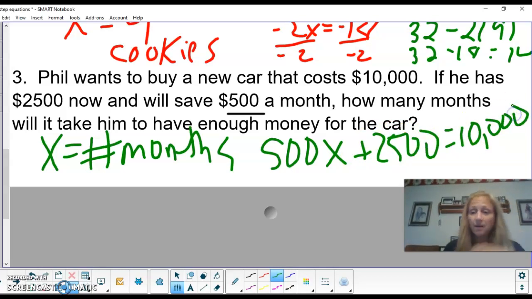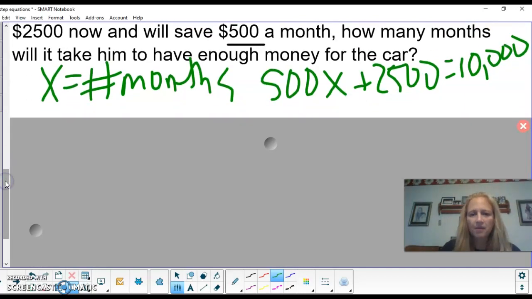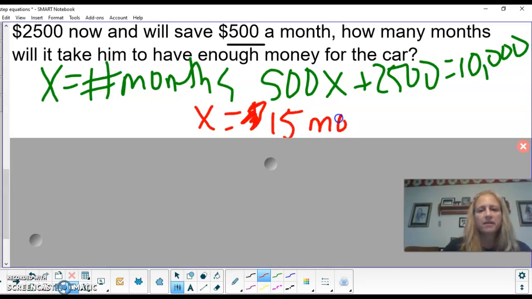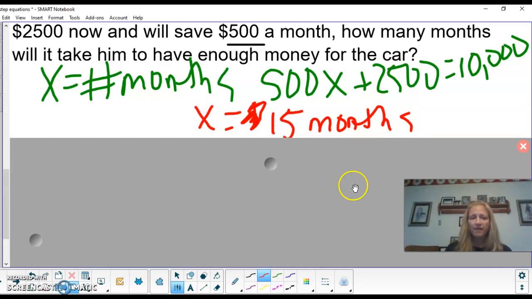Those are some big numbers there, guys. All right, so go ahead and solve that problem. And you should have gotten a final answer of x equals 15 months. Good. You were supposed to subtract 2,500 and divide by 500.